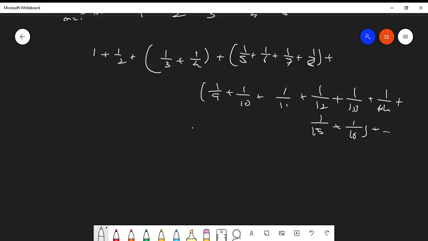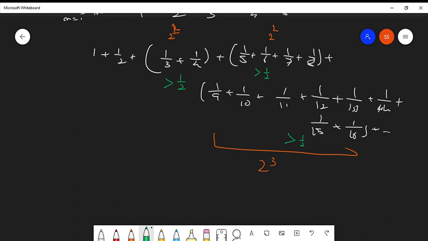You can always see that these groupings are done on the basis of powers of 2. We take 2 to the power 1 numbers here, 2 to the power 2 numbers here, 2 to the power 3 numbers here, and so on. We find that each of these groups is greater than 1 over 2.